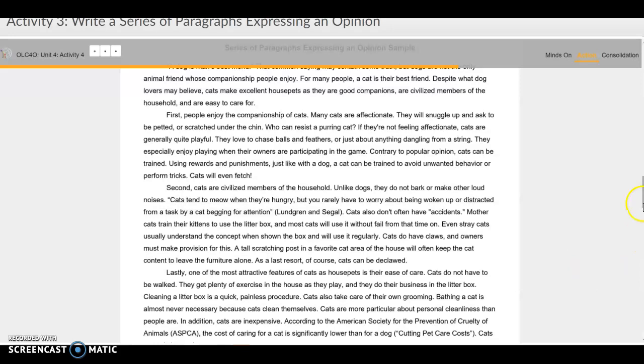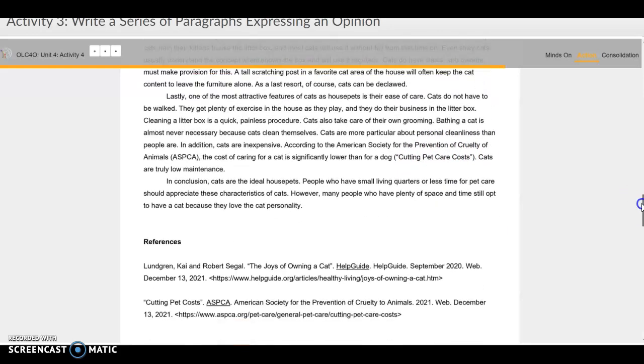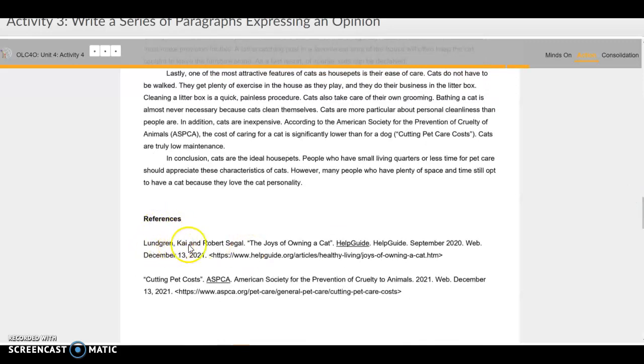You'll notice down here actually that there is a paraphrase from the American Society for the Prevention of Cruelty to Animals. We have a paraphrase and then the title of the article where it came from. So this lets me know that there is no author for the article, so the writer used the title. And what we can see too is those references down here at the bottom for the two sources.